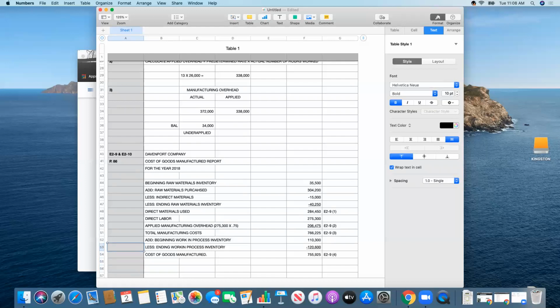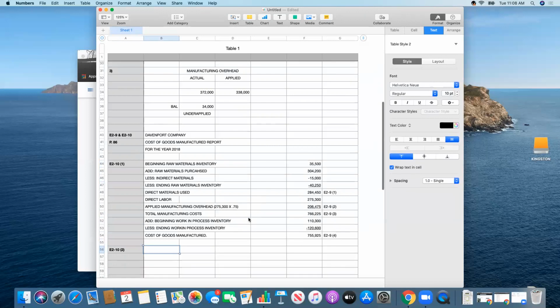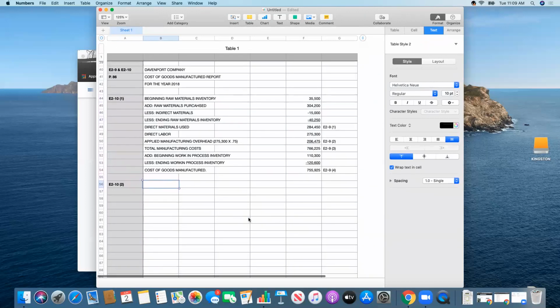Right, this would be E2-10 part 1, right? This whole thing is exercise 2-10 part 1. Exercise 2-10 part 2, right, is an income statement or a partial income statement.